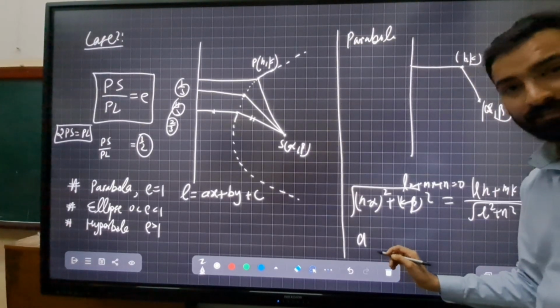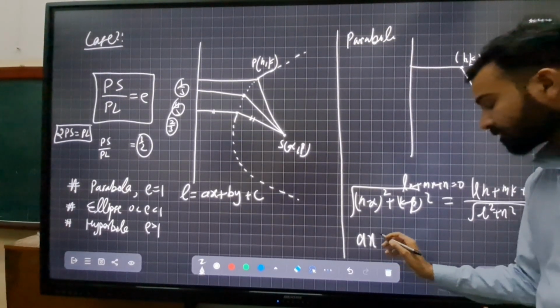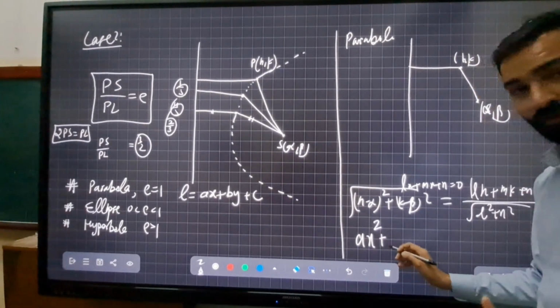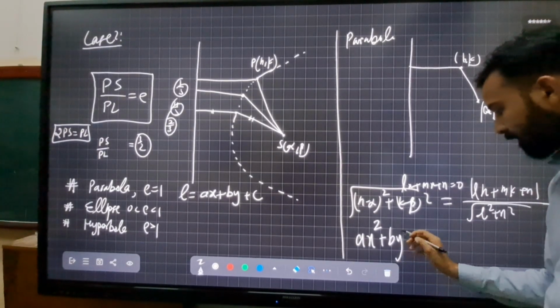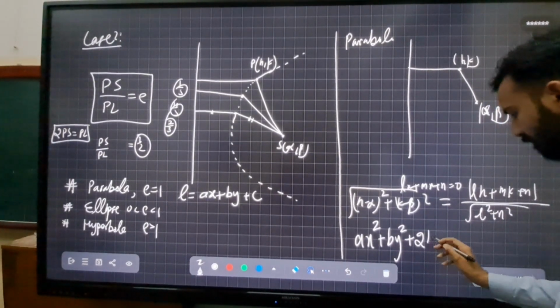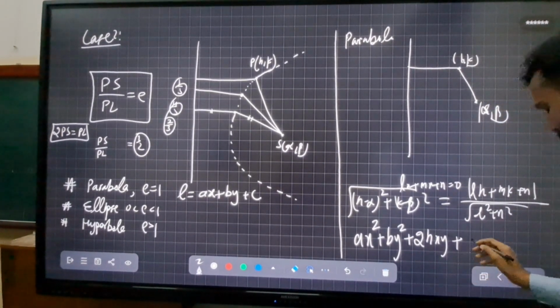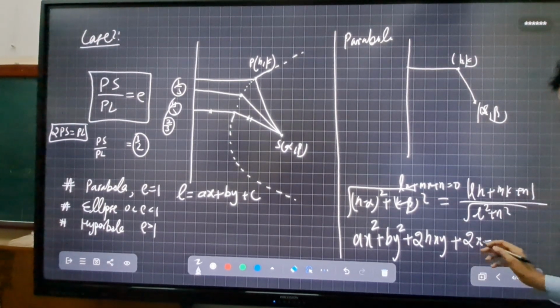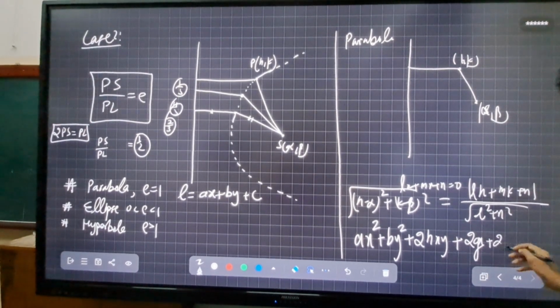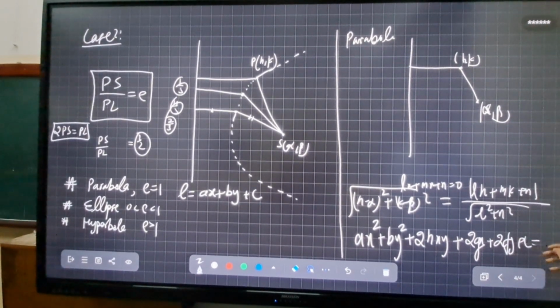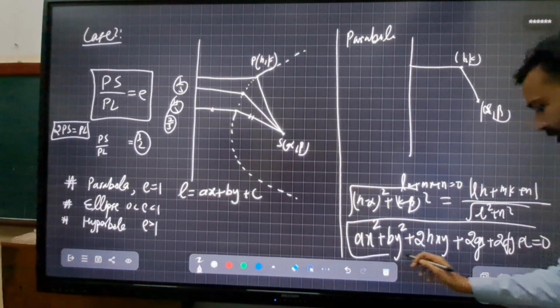Just arranging the terms, we will get ax square plus by square plus 2hxy plus 2gx plus 2fy plus c equals 0.